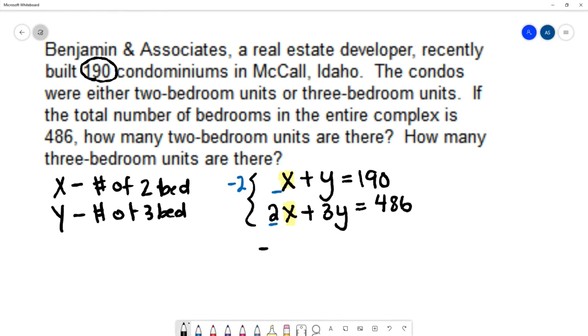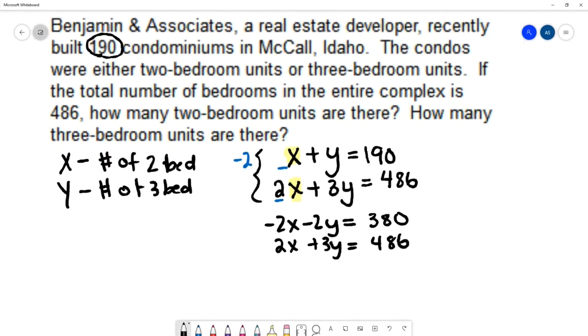That's going to give -2x minus 2y equals 380. 2 times 190 will be 380. The second equation can stay the same. 2x plus 3y equals 486.